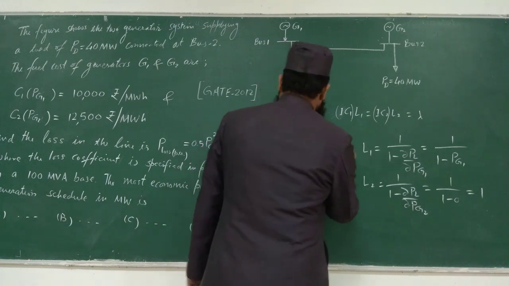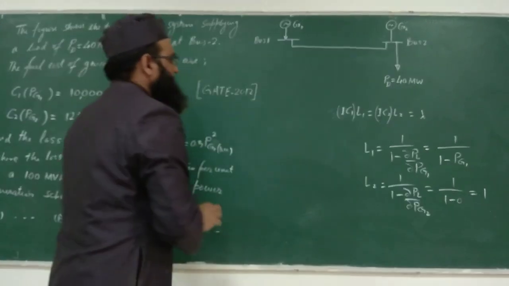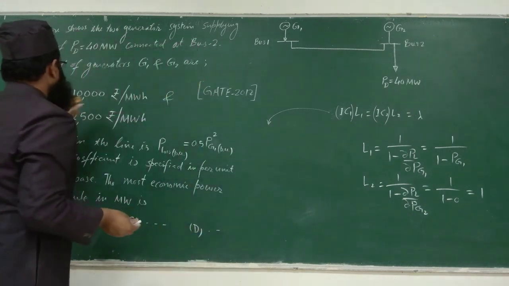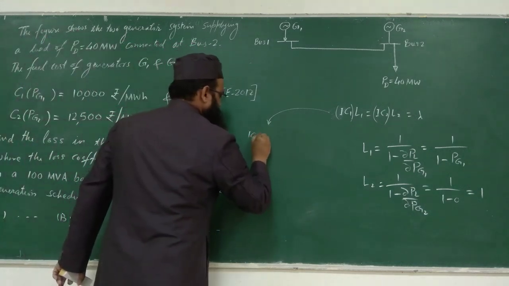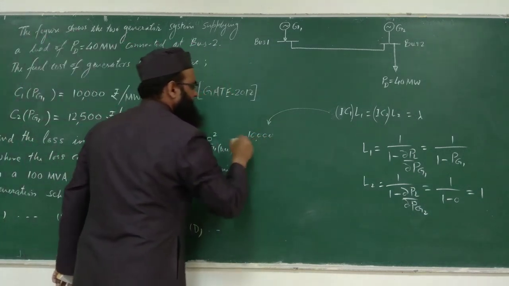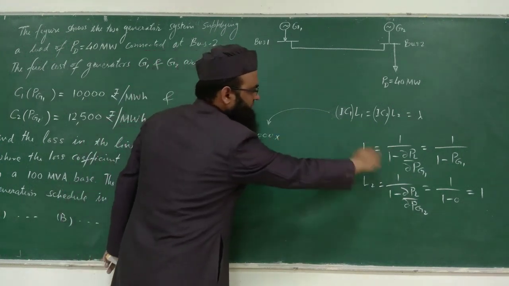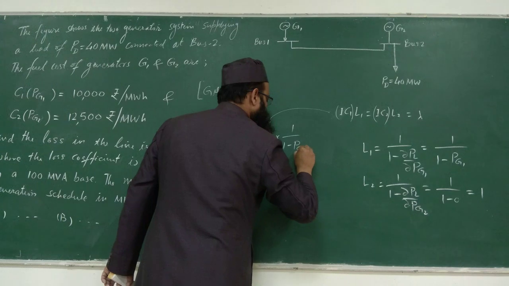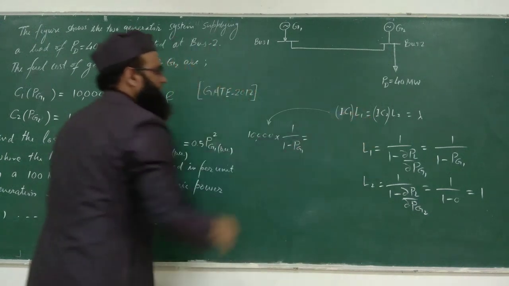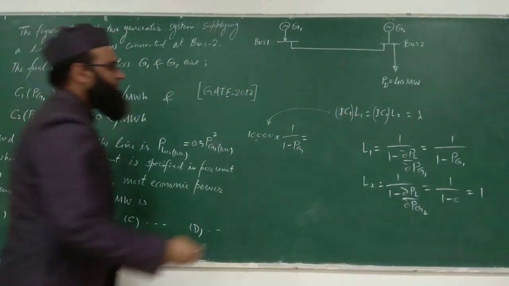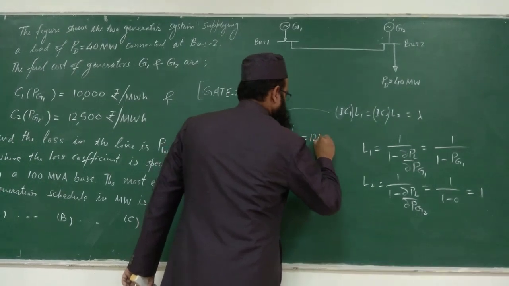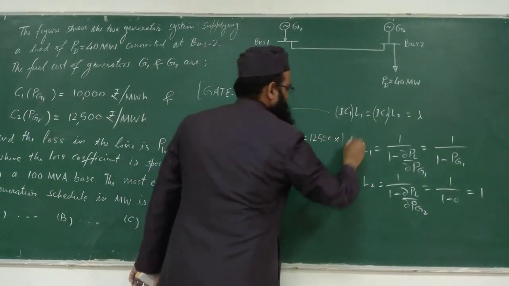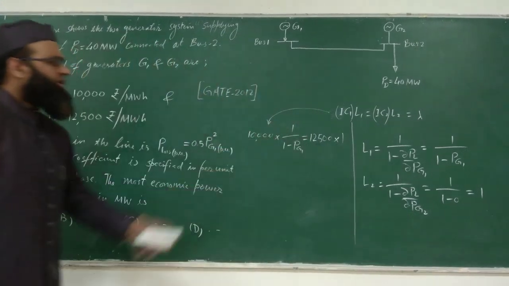So we will write IC1 is 10,000, times L1, which is 1 upon 1 minus PG1, is equal to, what is IC2? 12,500 times, what is L2? 1. Is it not? So this is our equation.